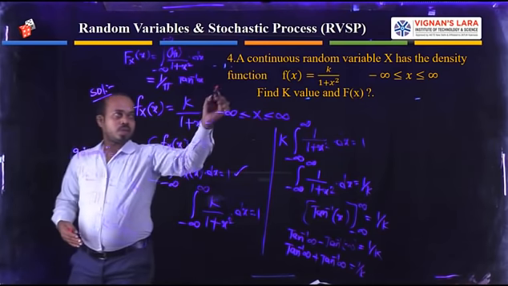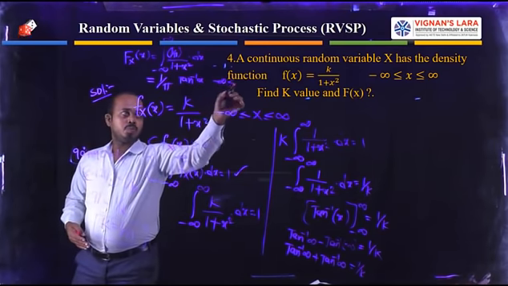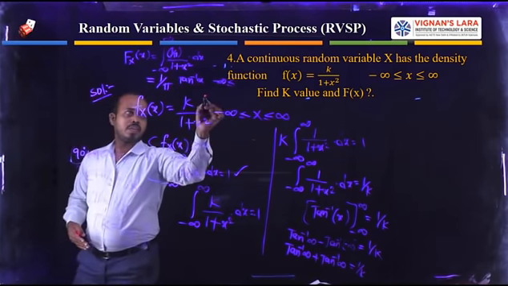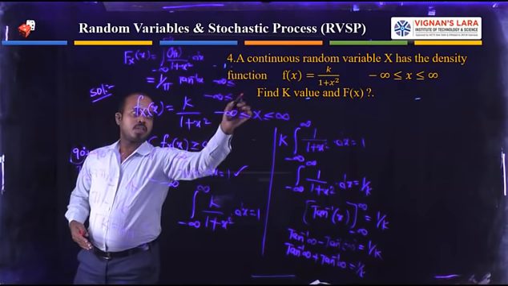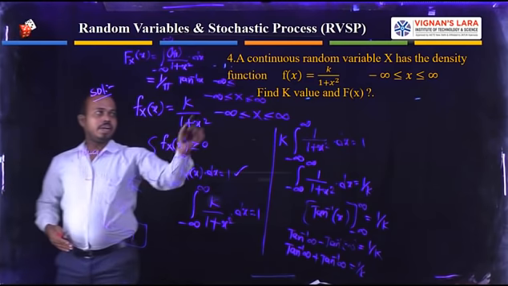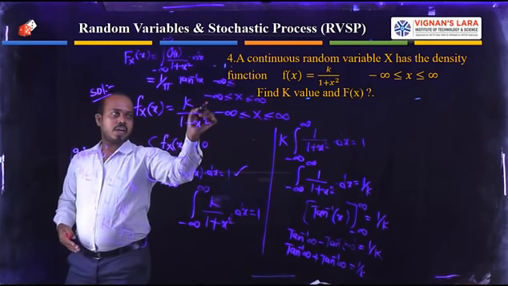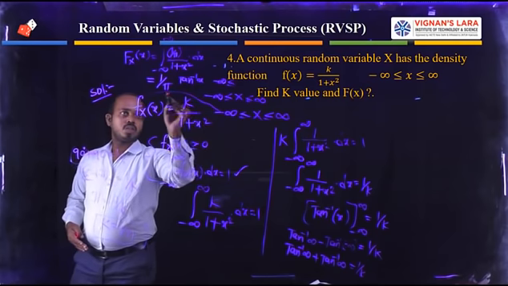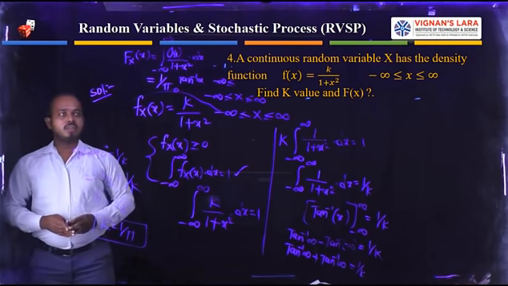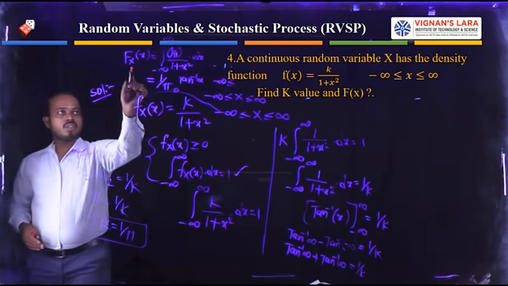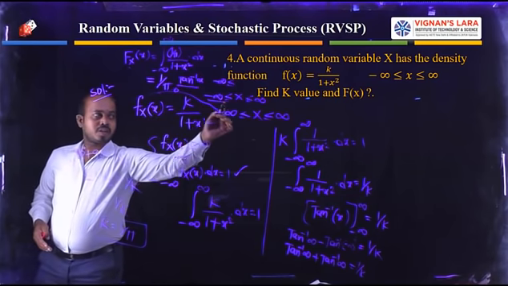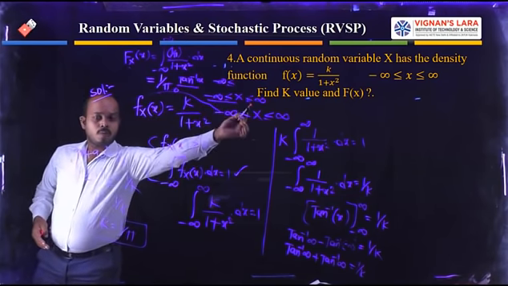The value varies from minus infinity to plus infinity. That's why I'm indicating the limits as minus infinity less than or equal to capital X less than or equal to plus infinity, which is the interval. Except this interval, the remaining values are zero. Here the distribution function is only Fx of x is equal to 1 by pi tan inverse of x, where the limit varies from minus infinity to plus infinity.